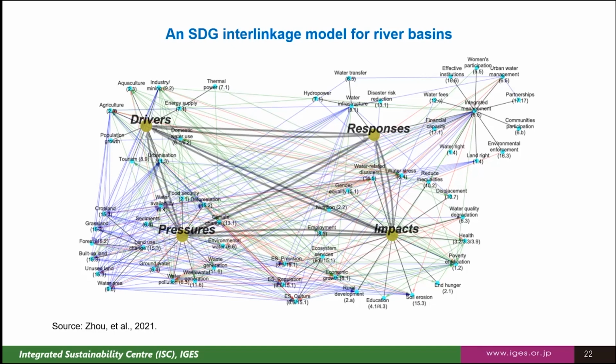Each edge with an arrow indicates the causal relationship between the paired nodes. A green link indicates a synergy or positive linkage. A red link indicates a trade-off or negative linkage. And a blue link indicates either a positive or a negative linkage, depending on the conditions and context.